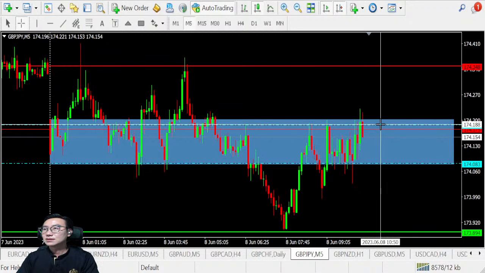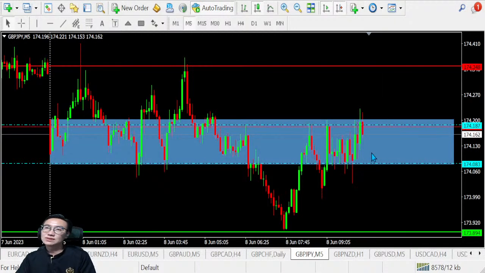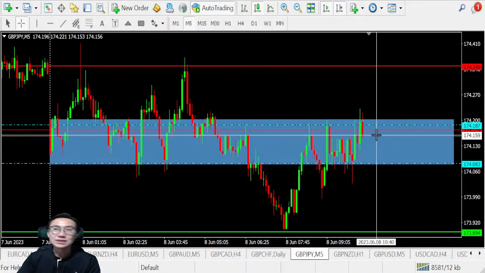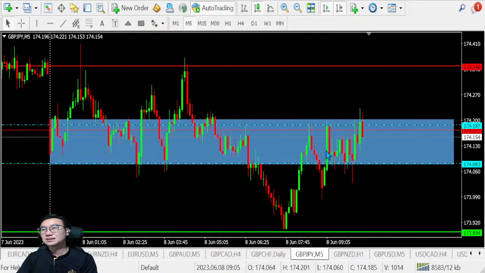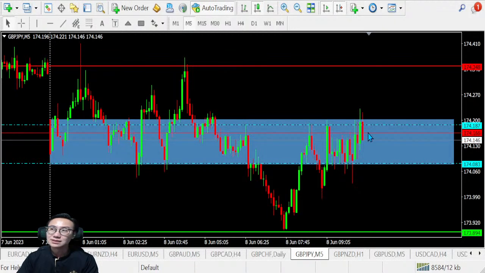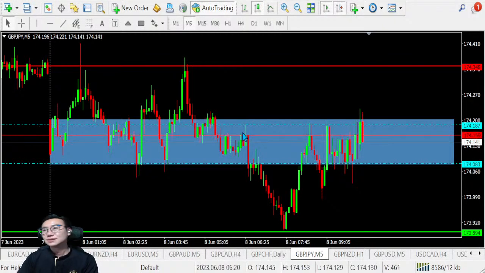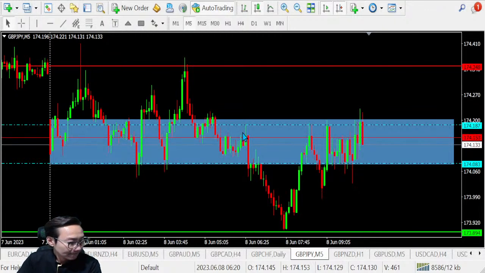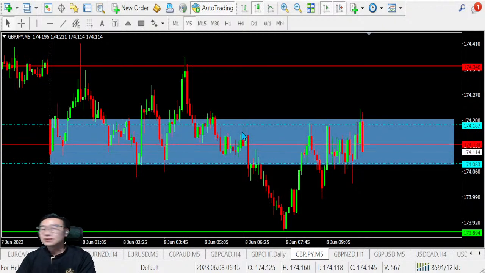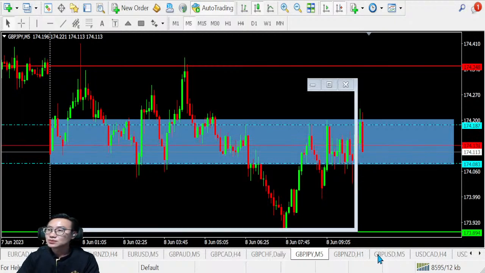Pound yen, if you are going to sell, that means you're going to trade within this area here. I would say try not to, when it's coming in as a range here. Try not to. Let's see if this is going to break out either way. Let's wait and see.